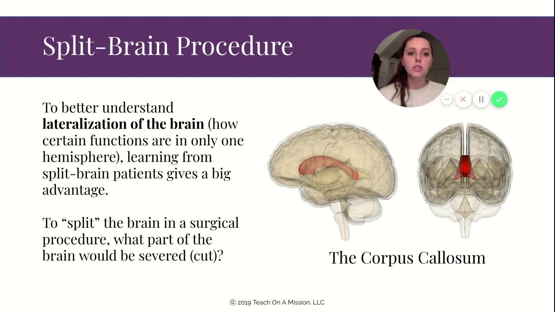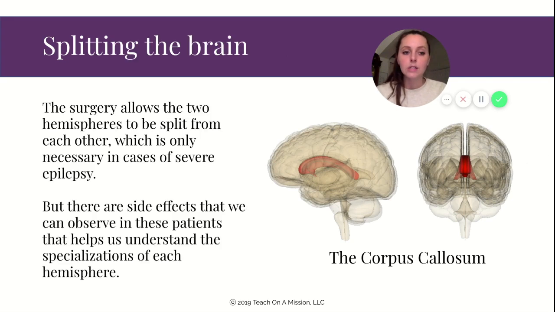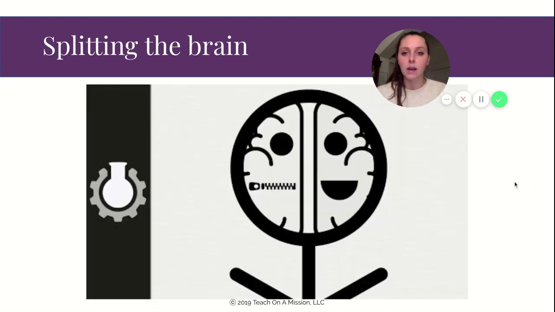We can see what's unique about them now that their hemispheres can't communicate back and forth with each other. A lot of times the corpus callosum will be cut if someone has severe cases of epilepsy, so they have really, really intense seizures. But there are side effects to that, so we can see and observe what the consequences are. What can and can't they do if that corpus callosum is cut?